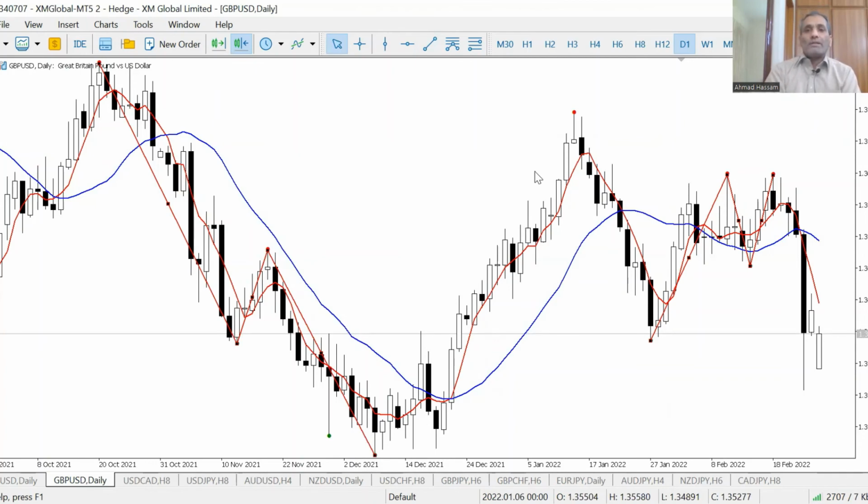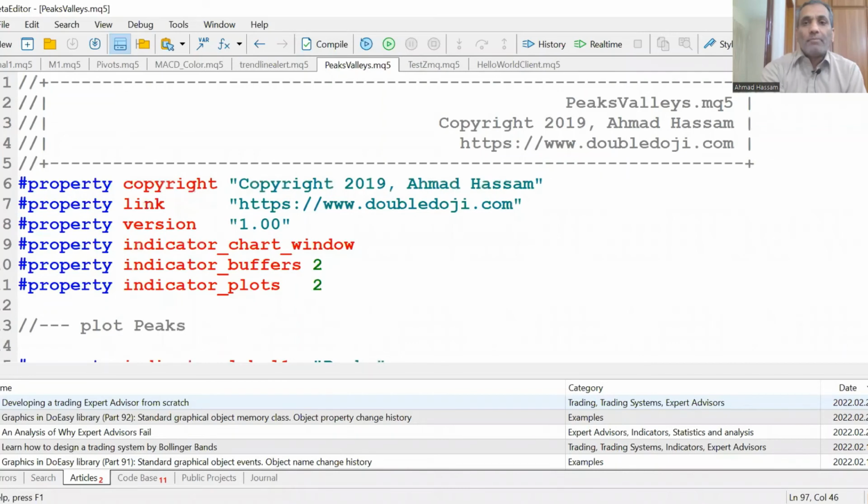So how do we plot these red and green dots? I coded them in MQL5. I have provided the link below in the description. You can download that peaks and valleys indicator. Let me show you the peaks and valleys indicator that draws these red and green dots. This is the peaks and valleys MQL5 indicator that I've coded.